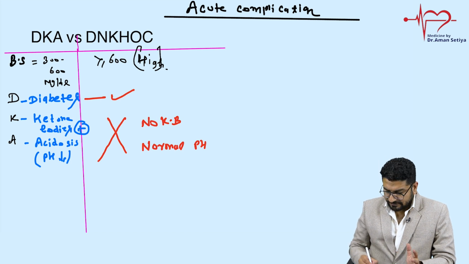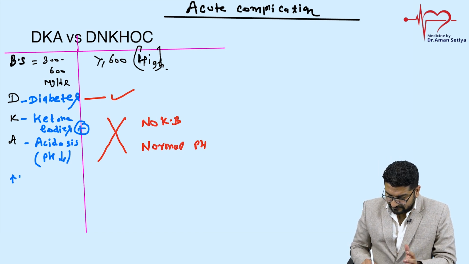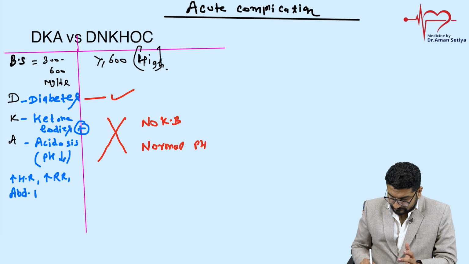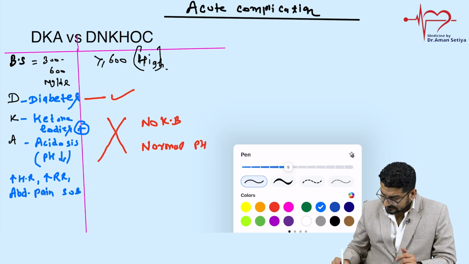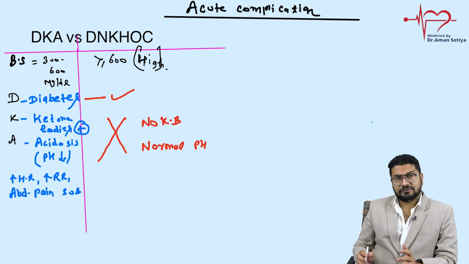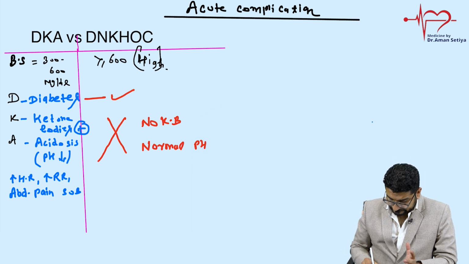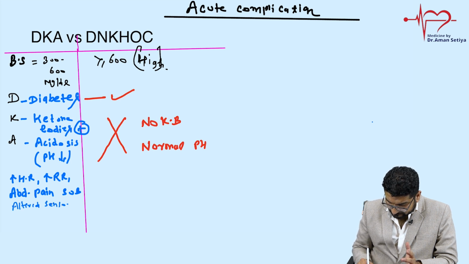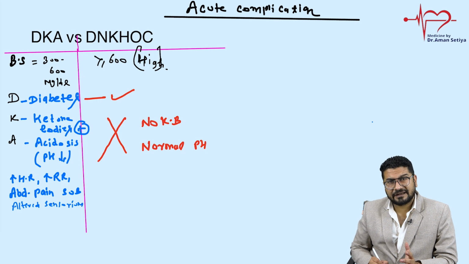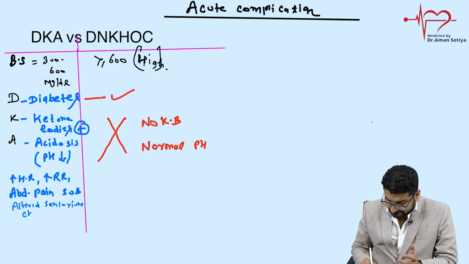If you ask how a DKA patient will come to you, they can present with multiple complaints. For example, tachycardia, tachypnea, abdominal pain, shortness of breath. These are common findings. Sometimes they come with altered sensorium, altered mentation, and sometimes chest pain.